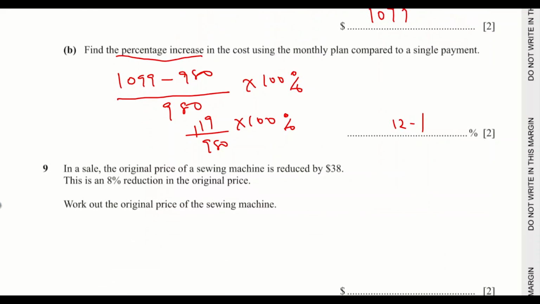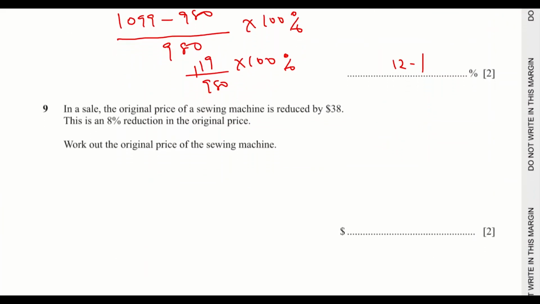So question 9. In a sale, the original price of a sewing machine is reduced by $38. This is an 8% reduction in the original price. Work out the original price of the sewing machine. So that means at 100% you should have the original price of the sewing machine.